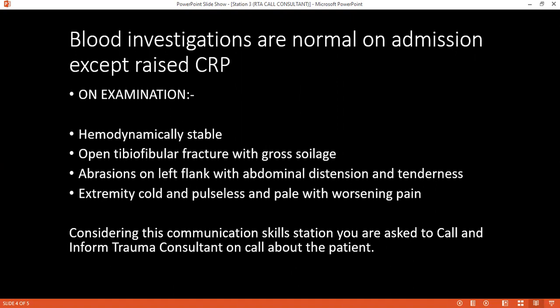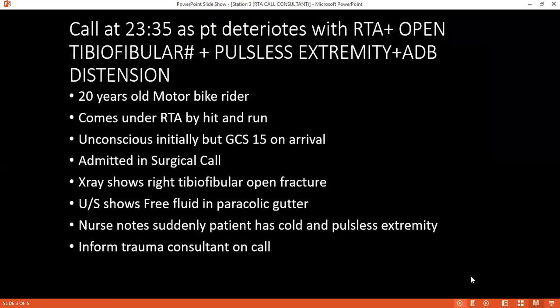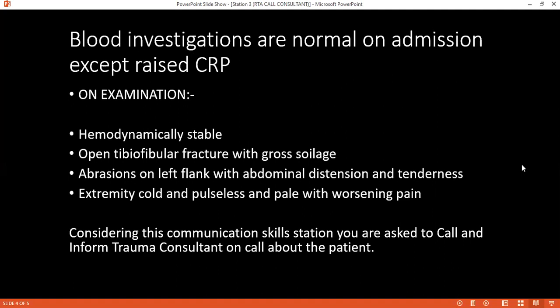Investigations all normal blood investigation except the CRP, and X-ray done.